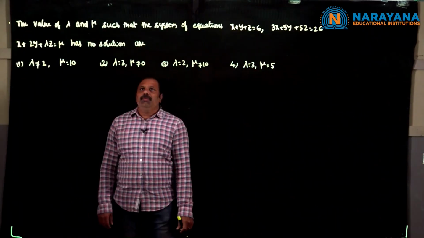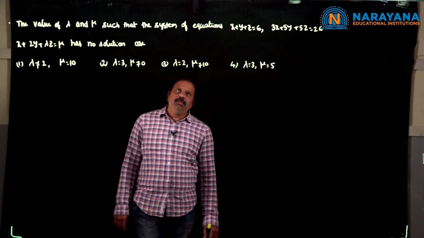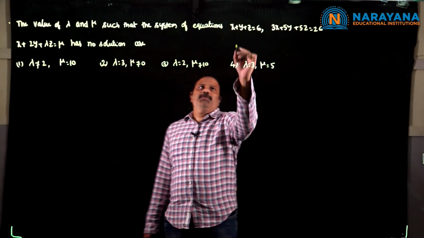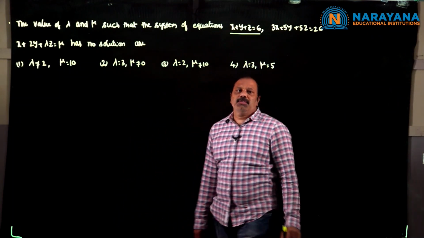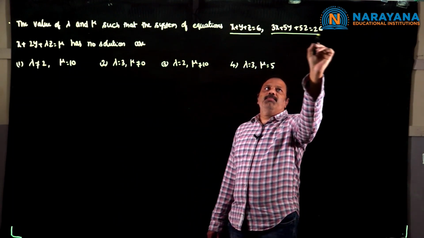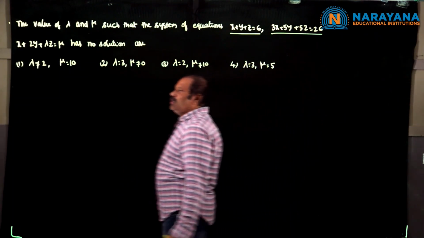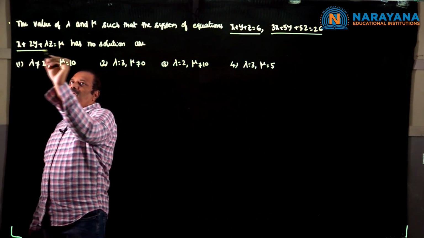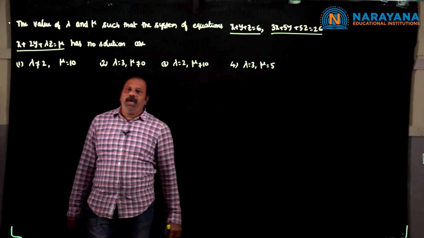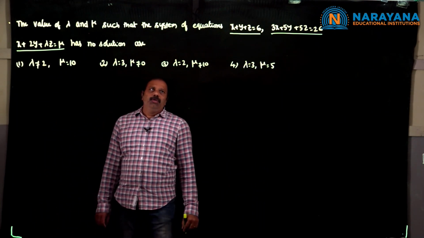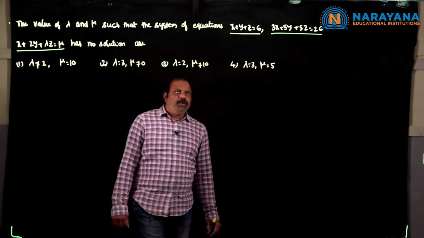119 is the answer. Next question: the values of lambda and mu such that the system of equations x plus y plus z is equal to 6, 3x plus 5y plus 5z is equal to 26, x plus 2y plus lambda z is equal to mu has no solution. So here a system of equations is given.